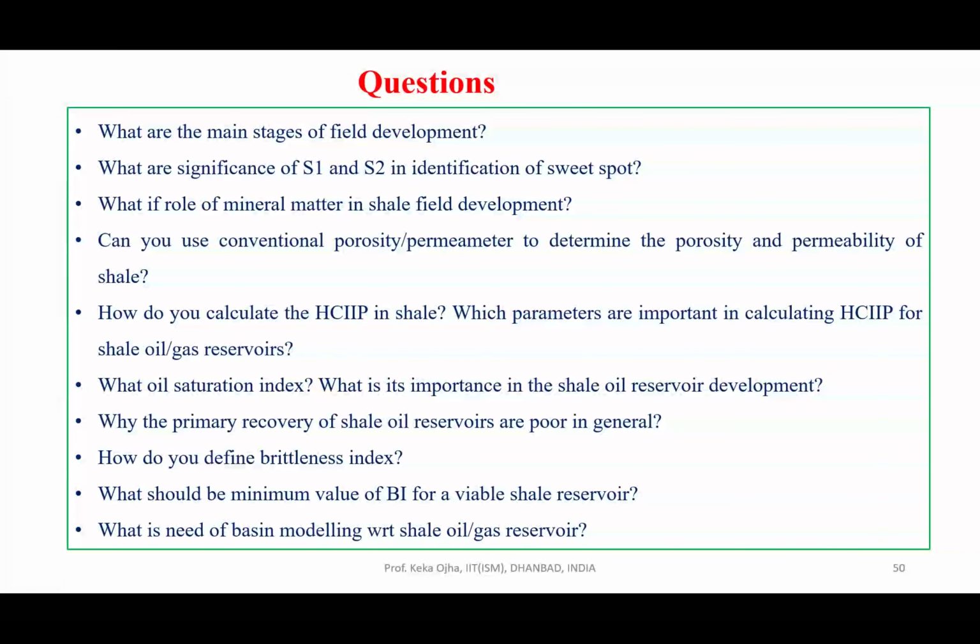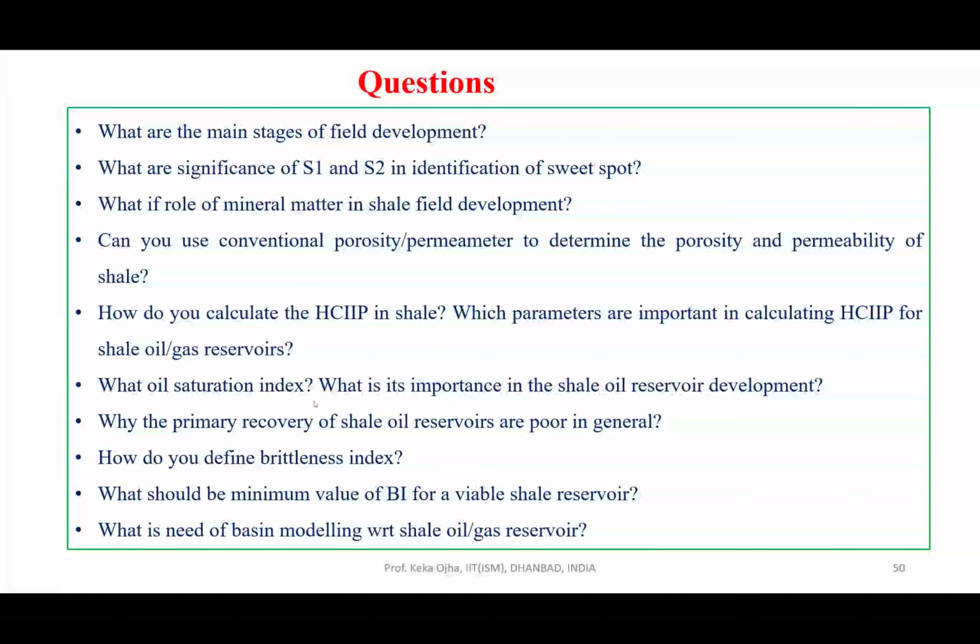We can utilize special porosimeters and permeameters, or other techniques like light scattering. How do you calculate the hydrocarbon influx in the reservoir? We determine it from S1 and the lost amount, and calculate from there.